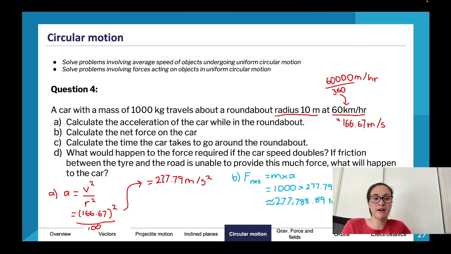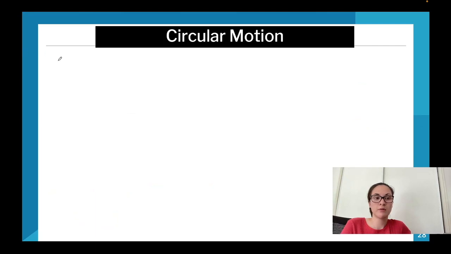Now, we're going to go on to C. Calculate the time the car takes to go around the roundabout. So put C over here.